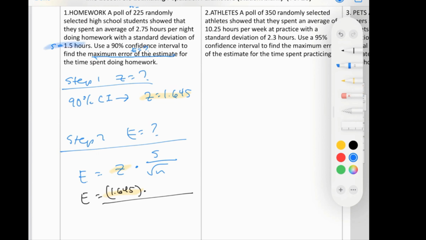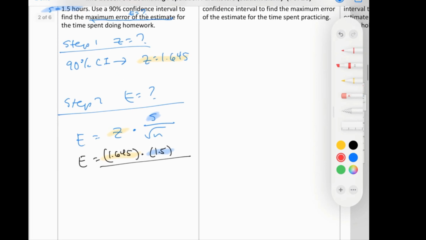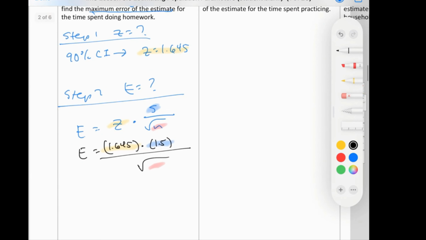Our S value was 1.5, so I'm going to put that there. And then my N value was up here, 225. Now, don't forget to write that one in what? The square root. What did I just say? Short-term memory, 225. Okay, let's go ahead and put that in our calculator.